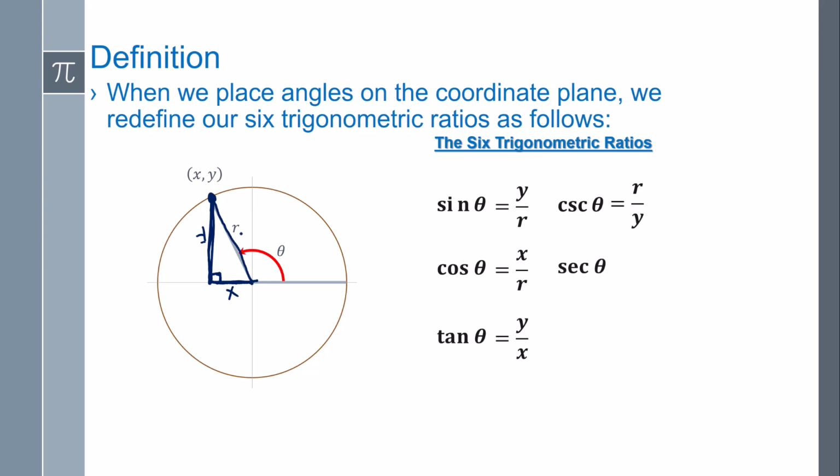Secant is the reciprocal of cosine, so you flip it. And cotangent is the reciprocal of tangent, so you flip the ratio. This all pertains to this particular rotation. And to find the radius, it's just the Pythagorean theorem: you take the square root of the two coordinates squared.